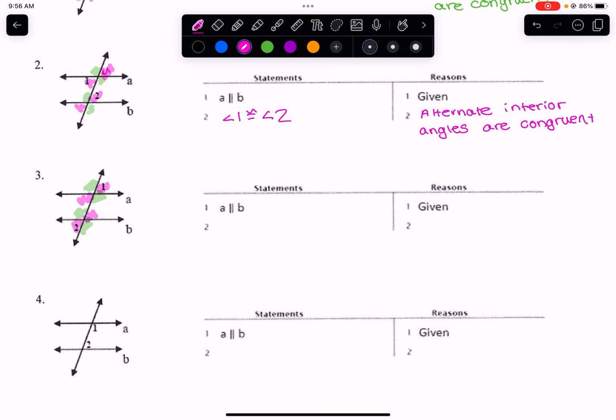So again, we have same color, so they are congruent. This time they're on opposite sides there, so they are alternate, but they are on the exterior, so they are alternate exterior angles are congruent.